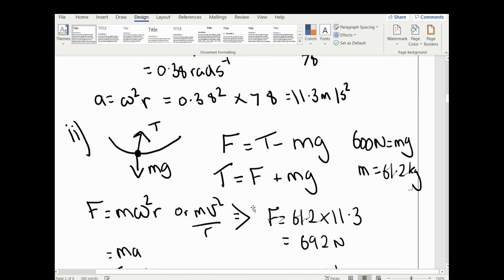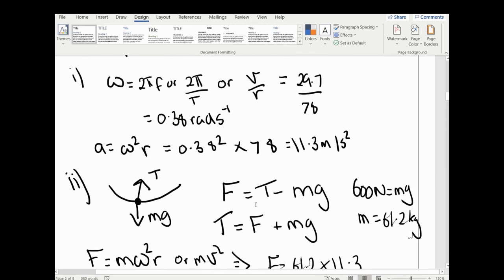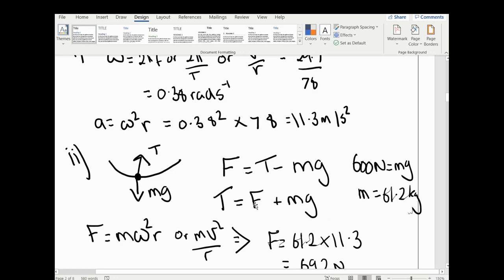So let's face it, if the object was just balancing, if I just got the block and stuck it, no centripetal motion, no velocity, no nothing, it is stuck at the bottom of that object, it will have a reaction force, and that's Newton's third law right there.